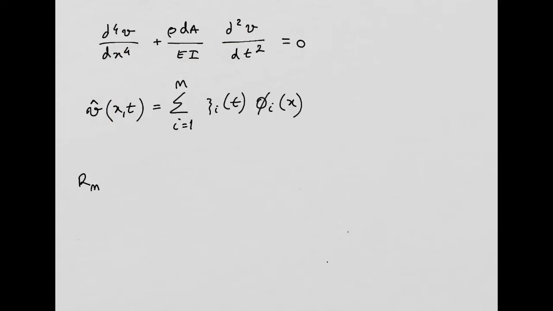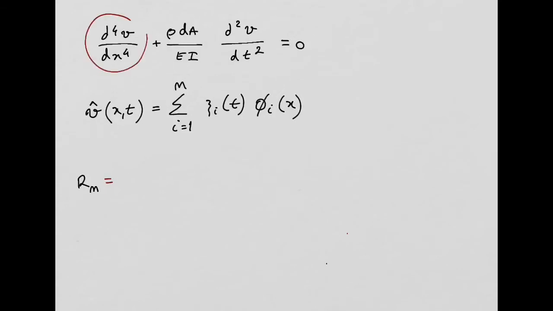So if you replace, you will get what? Well, the first thing is you have to do four derivatives in order to x. Once you have these two functions here, function phi depends only on the time. So the derivative in order to x is going to be only the derivative of this shape function phi_i. So we can write something like this.